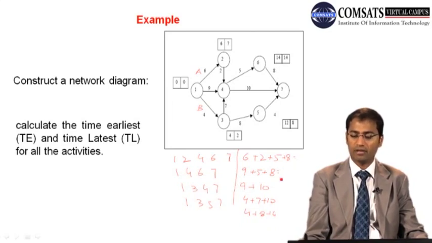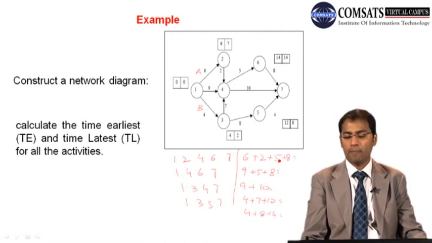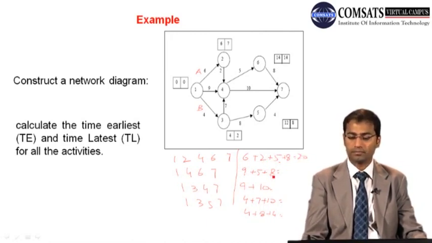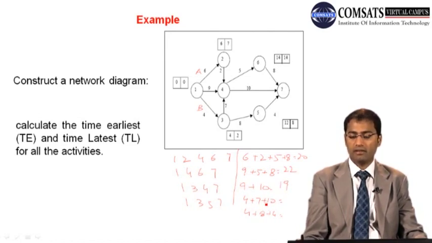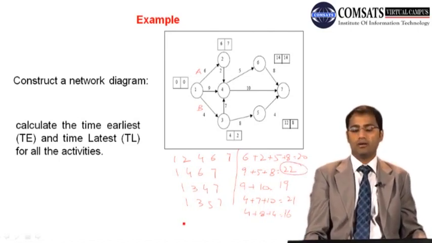So these are a few paths we have identified. So 8, 5, 13, 13 and 7, 20. 8, 5, 13 and 9, 22, and 19 and 7, 11, 10 and 11, 21, and 8, 4, 12 and 16. So our expected duration of the project is 22 from that.